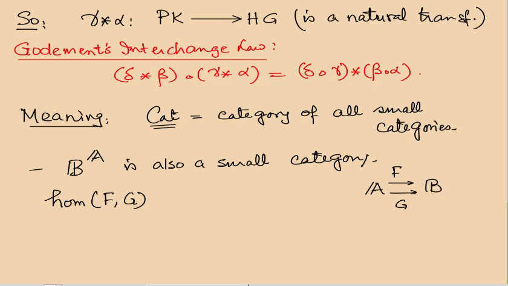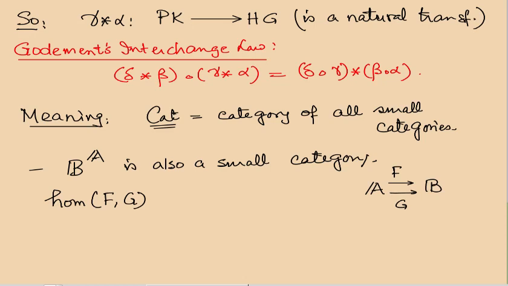How do I check? Suppose I have a small category. What's another way to look into a small category? If each home set is small. So what is a home set? Morphisms from A to B.